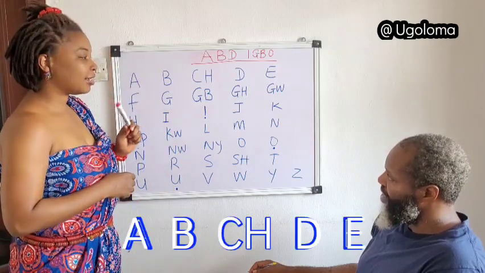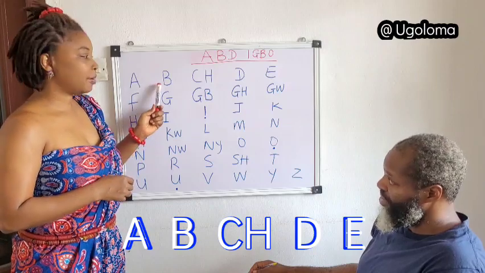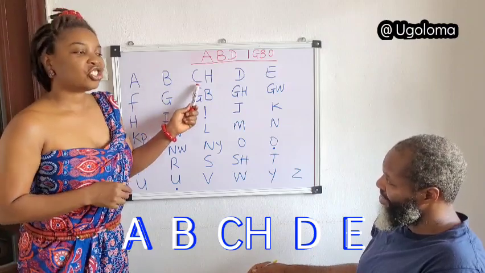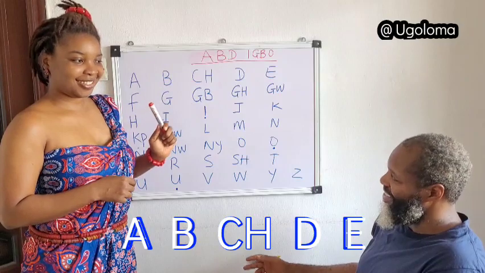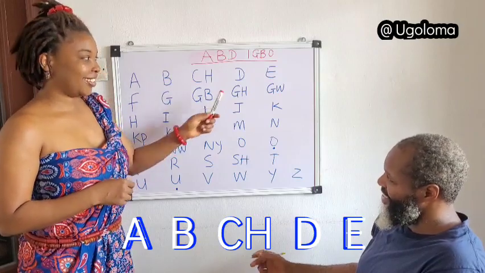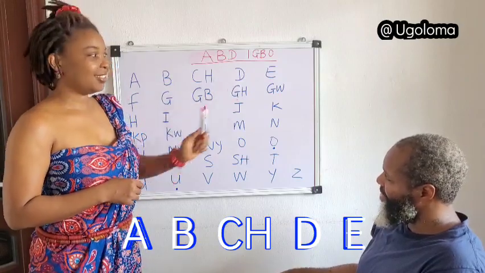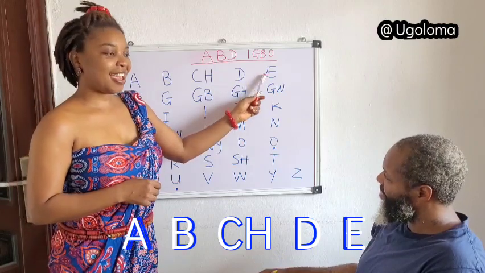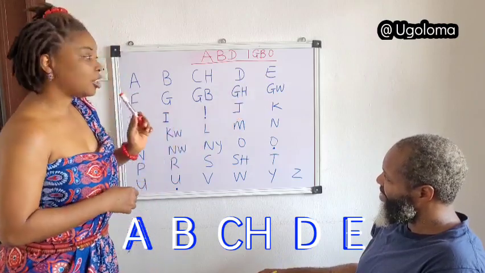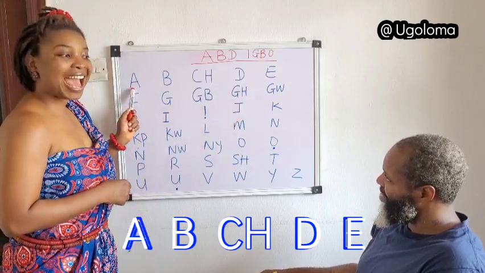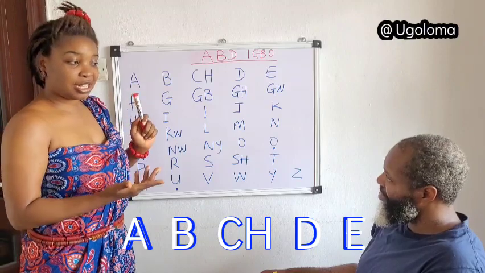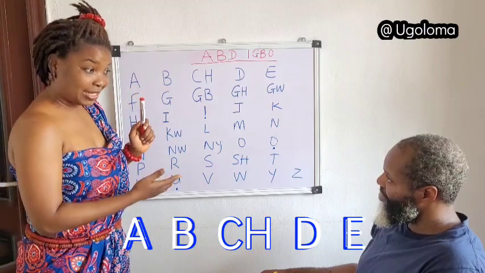A, B, Ch, D, E. Now, do you see that this one is pronounced as A? In English, you pronounce it as A, right?